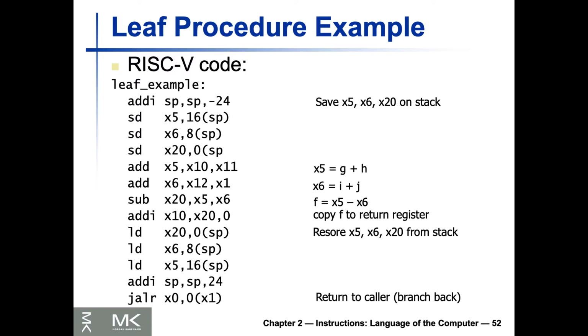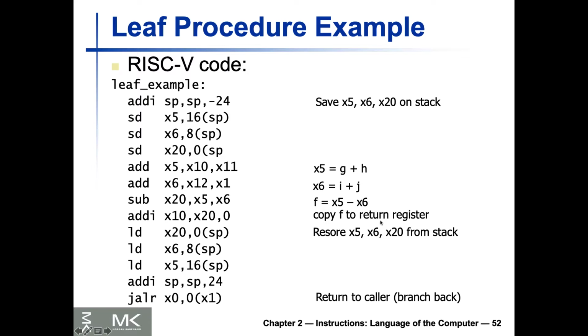I'm sorry, I'm lost. So copy f to return register, that instruction? Yes, this one. Why did we choose X10? Because that was the register that contains the return value. In this case, we should have used that one.